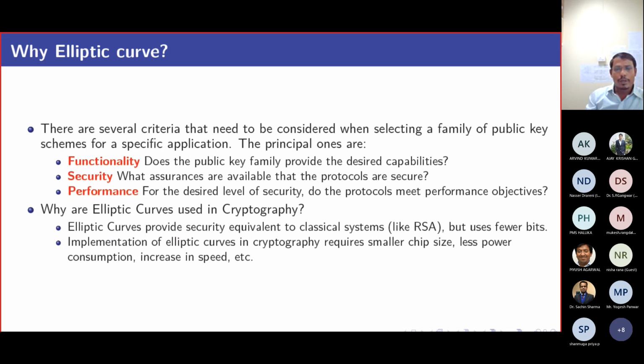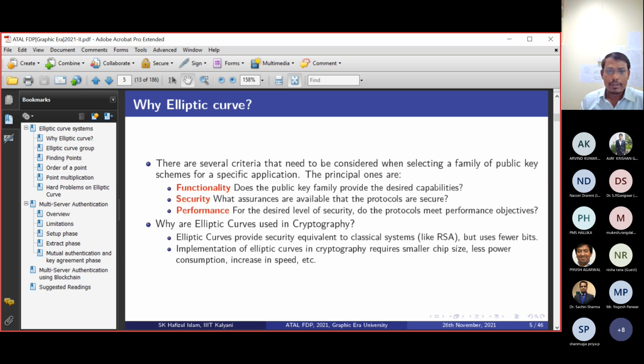One important point you can easily understand is why we prefer elliptic curve. You know the RSA crypto system, right? Yesterday we discussed it. The literature proves that the elliptic curve provides the equivalent level of security that RSA provides with fewer bits. For example, in RSA, the key length is at least 1024 bits.